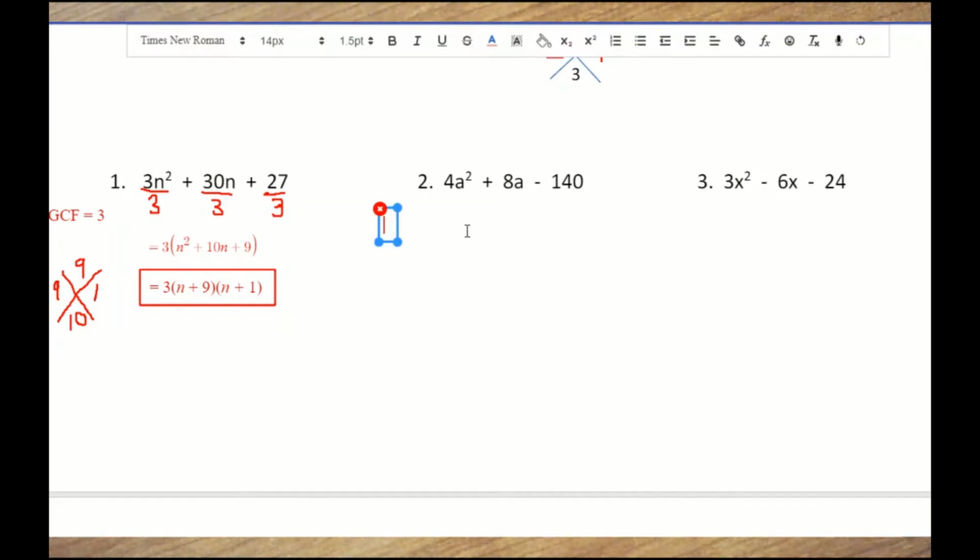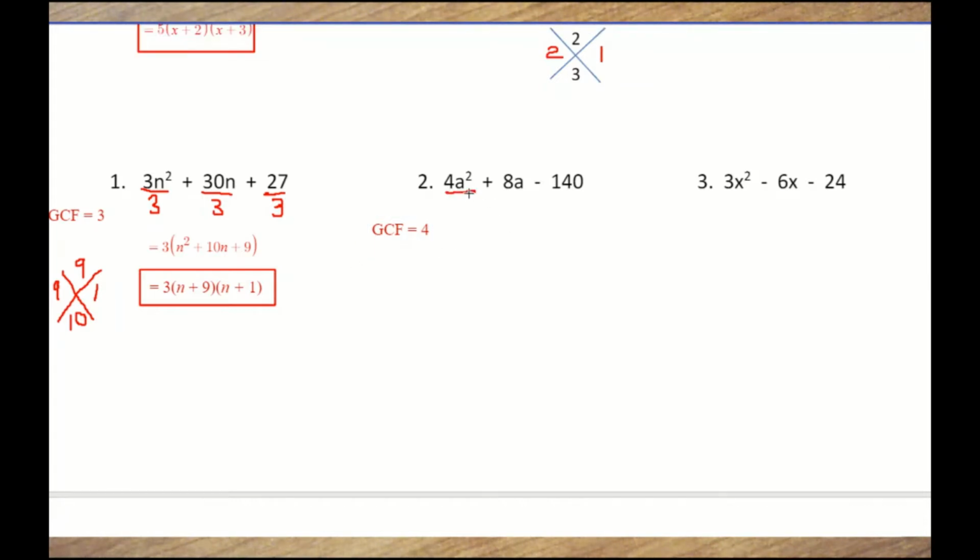Okay, so for number 2, our GCF here is going to be 4. So we need to divide each thing by 4. We'll divide this by 4, this by 4, all 3 of these by 4. And that will give me 4 times a squared plus 2a minus, and then 140 divided by 4 is 35, so minus 35.